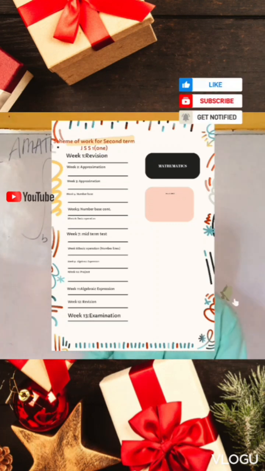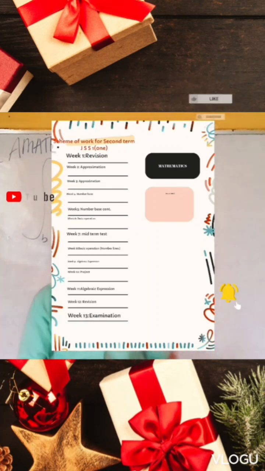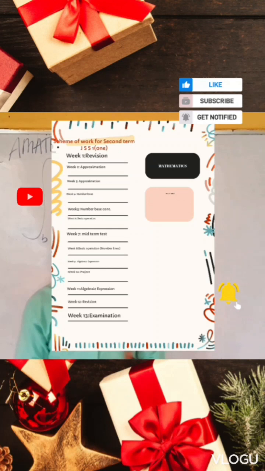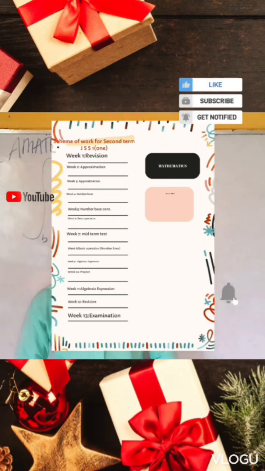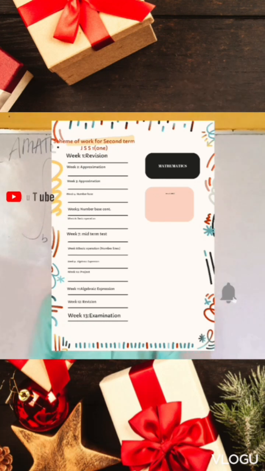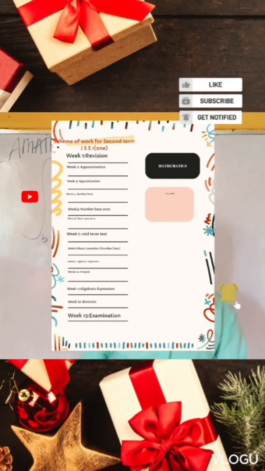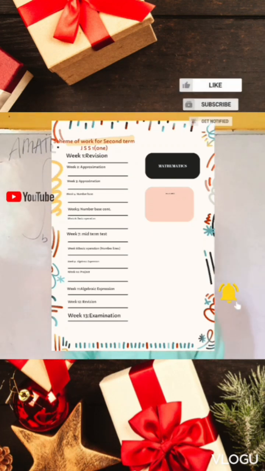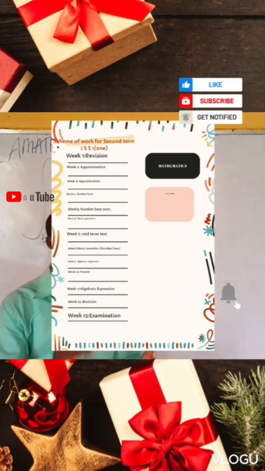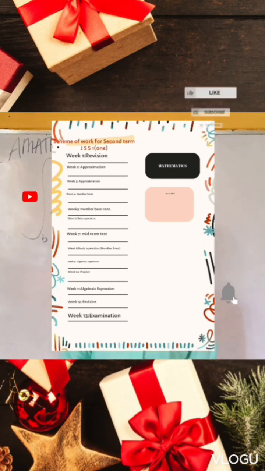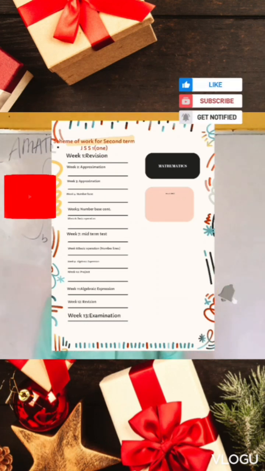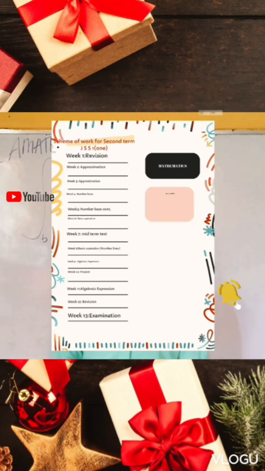So the revision is for the first week, where they are going to clean up some things in the class and wrap up their classes. Week 2 is approximation, just ordinary approximation that involves the basic operations. What are the basic operations?